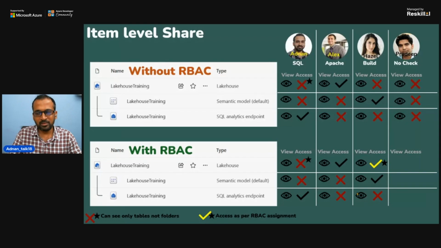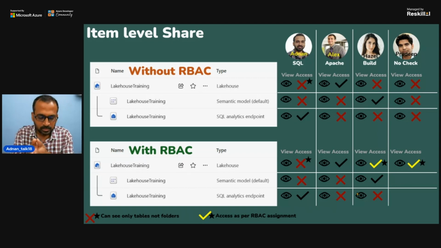Now, what will happen for the viewer? Any idea? Let's have a look here. So for the viewer, I mean, for the no-check option, we are just directly sharing through role-based access control, and there's the lakehouse. Okay, I just want to give a pause here.